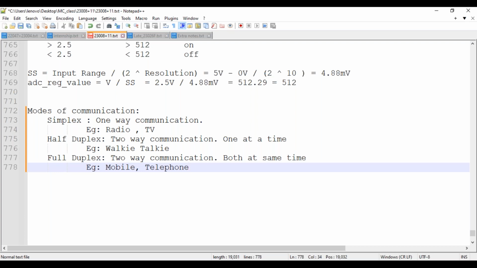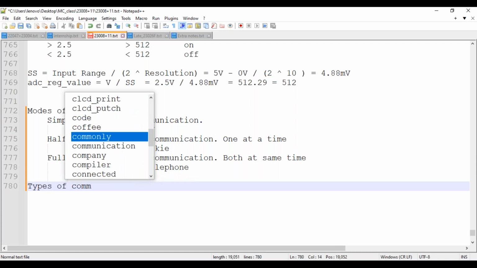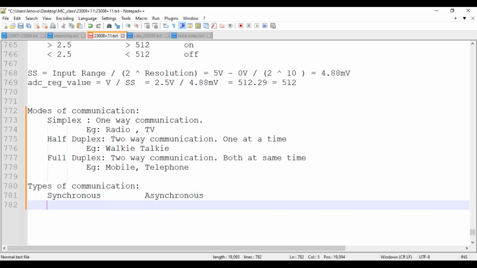After this, the next topic is types of communication. Can you give me some of the types of communication? What are the different types? One is synchronous and the other one is asynchronous.